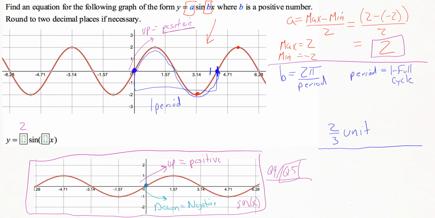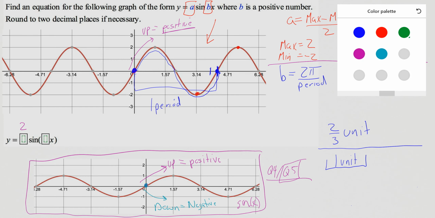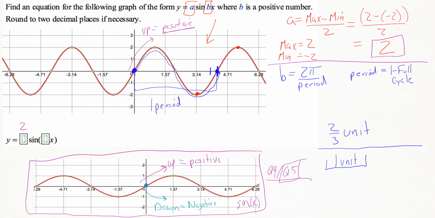So what we need to know is what 1 unit would have been. Looking at our original graph, we can see that 1 unit, 1 block, is this distance from here to here. So 1 unit was equal to 1.57.